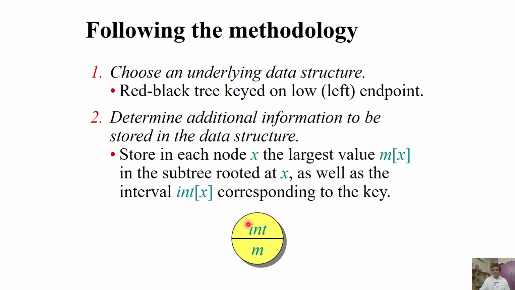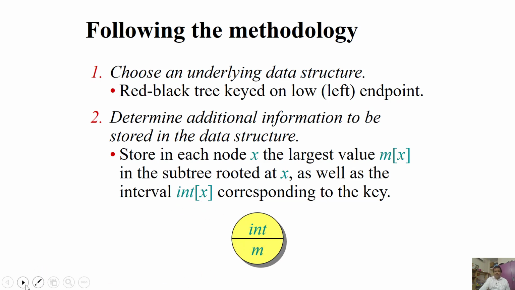So, this is the left endpoint we are storing, but it corresponds to an interval. So, the right endpoint is the maximum value, and we have to see the largest value in the subtree rooted at this node. That is our extra information we want to keep. That is called the M field, M of x.